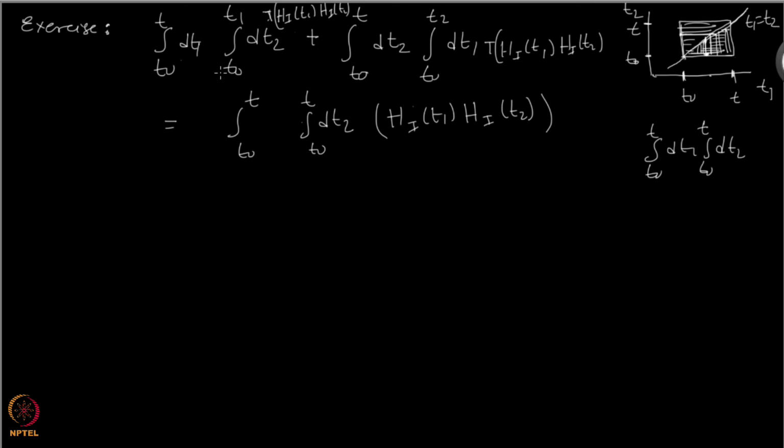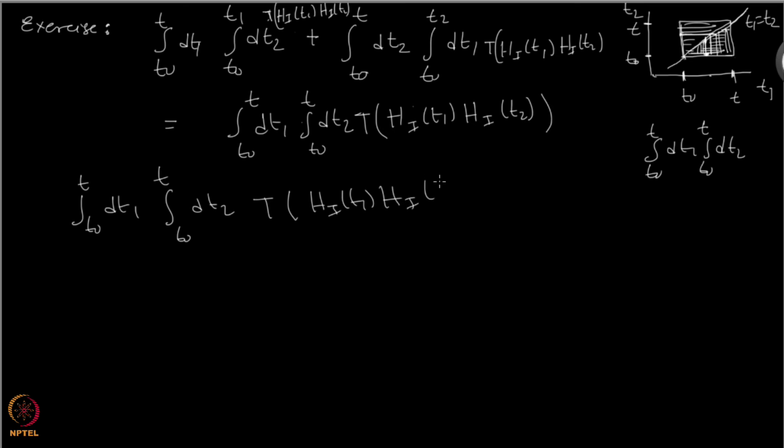So you see that both the terms on the left hand side are the same. So this implies that integral t0 to t dt1, integral t0 to t dt2, I forgot t here, of hi of t1, hi of t2 is equal to 2 times of this object.